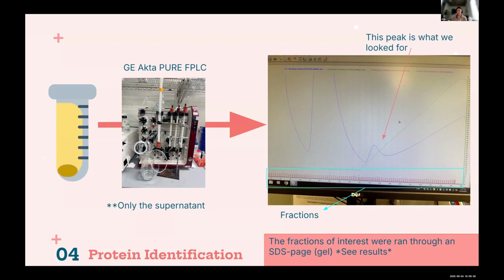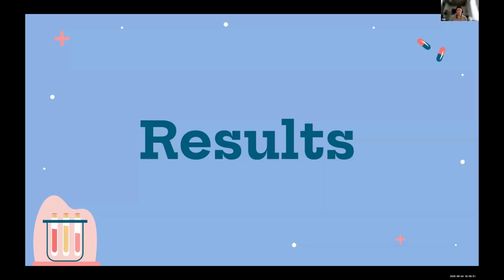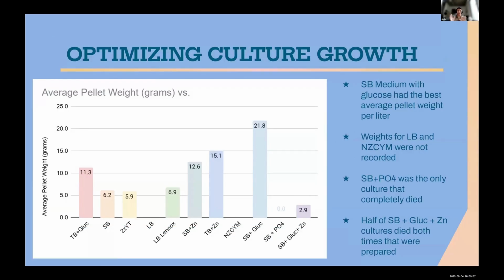Thanks to the fractions, we're able to do protein identification, which we can do through an SDS-PAGE, which is essentially running a gel and seeing if the protein is expressed. And this leads me to the results section. Going back, the first part was optimizing the culture growth.